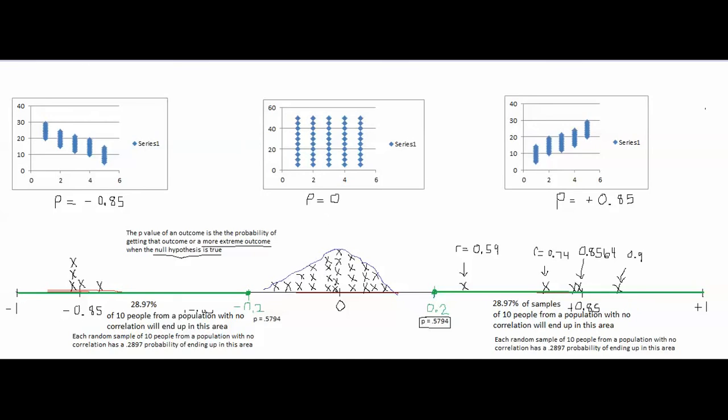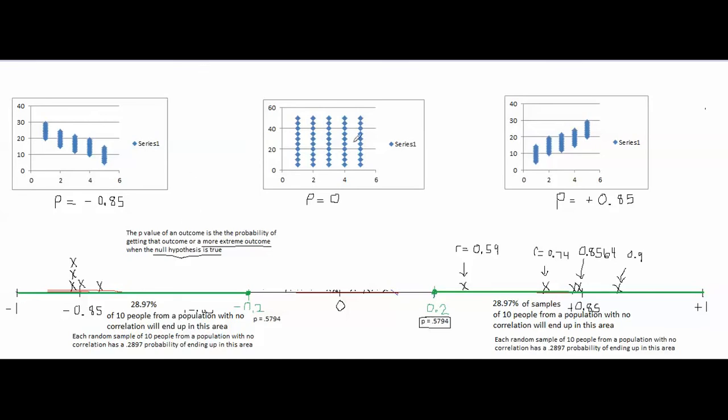But before we do that, I actually should redraw these samples, because I told you that you would expect 28.97% of them out here and 28.97% of them out here.